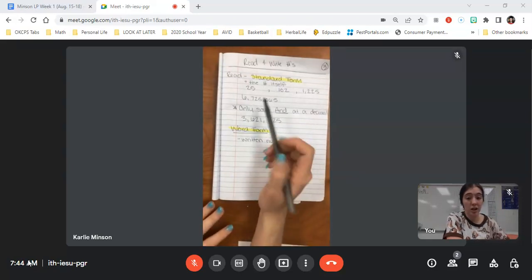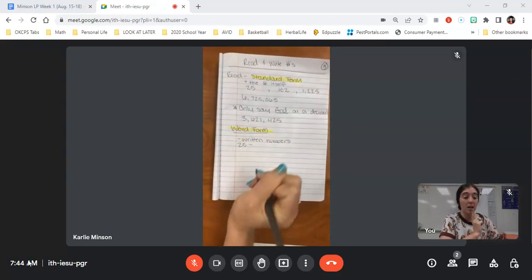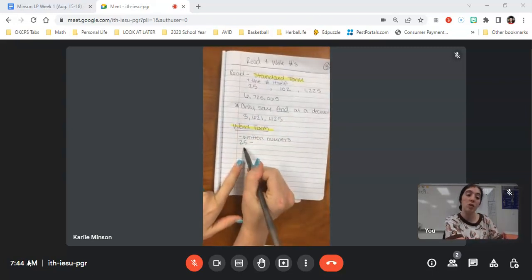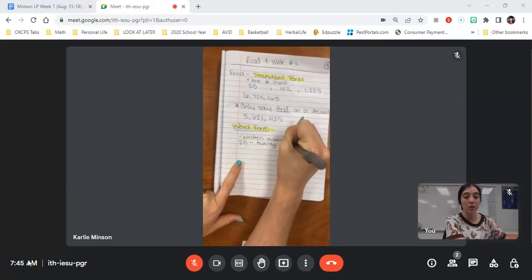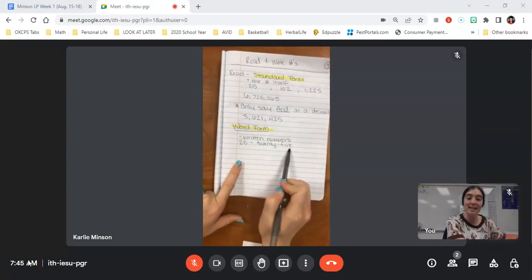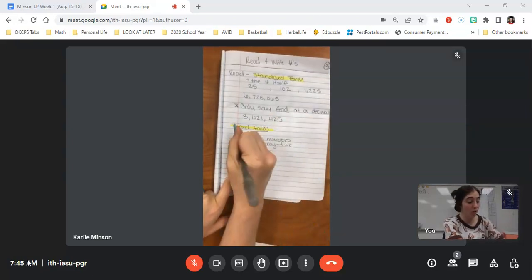So for instance, let's look at 25. So if we say 25, we read it, we put it in standard form, now we're going to write it. So twenty-five. Notice how when I wrote it, it's exactly how I said it, twenty-five. Okay, let's look at the second one that we put, 102.